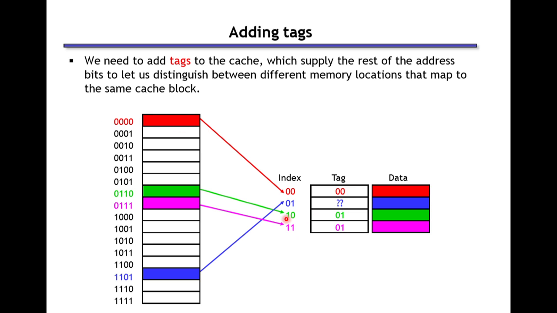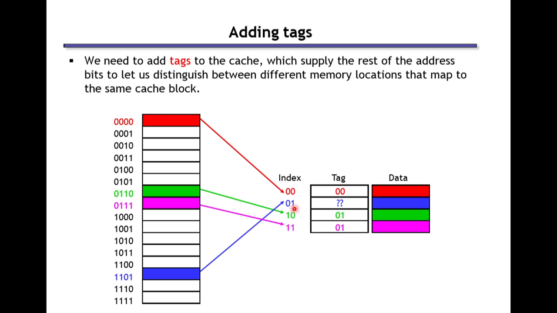So 00, so this belongs to the first block here. Similarly, we have 10. If you observe here, 10 are the lower bits of the memory address. Okay, so 10 is there, and the tag, if you observe here, is 01, so we are writing 01 here. Similarly, for 11, we have 01 as the upper bits of the memory address, so we can use it as a tag. So similarly, for 01, what will be the tag?